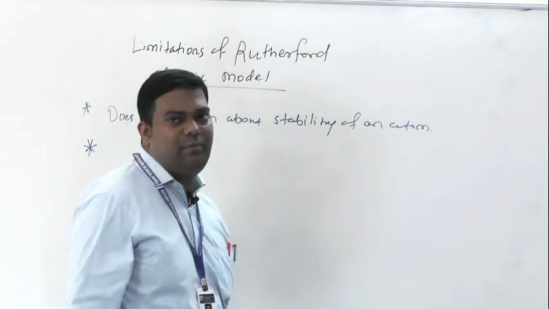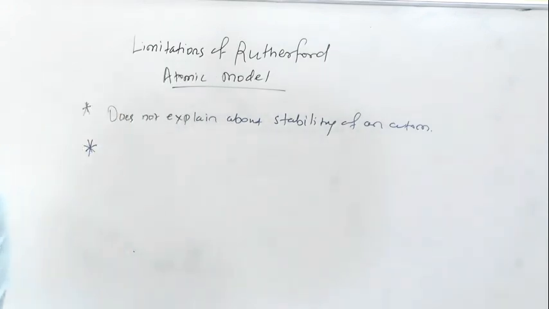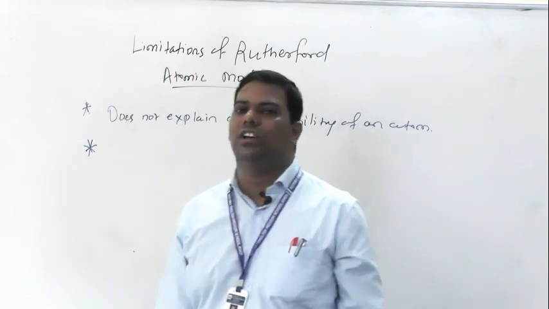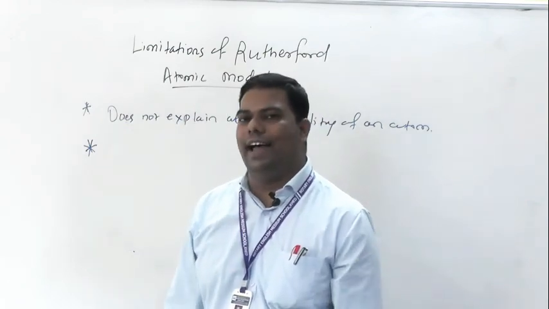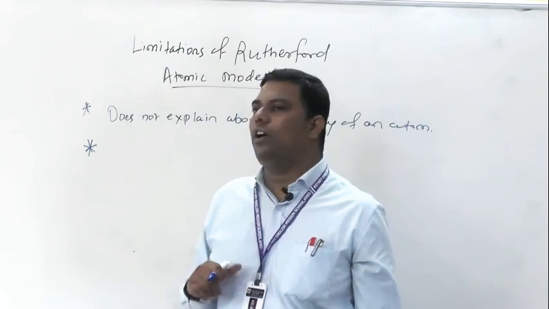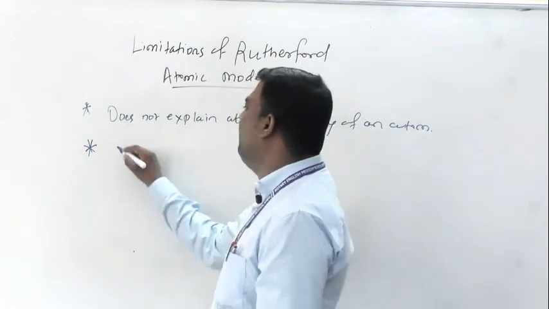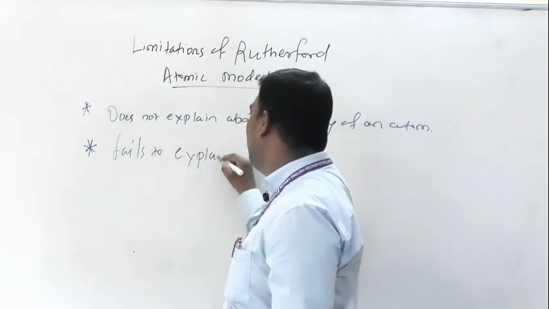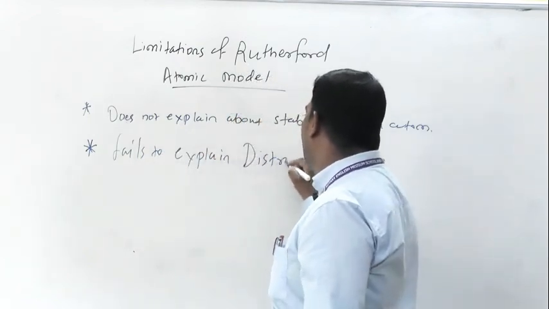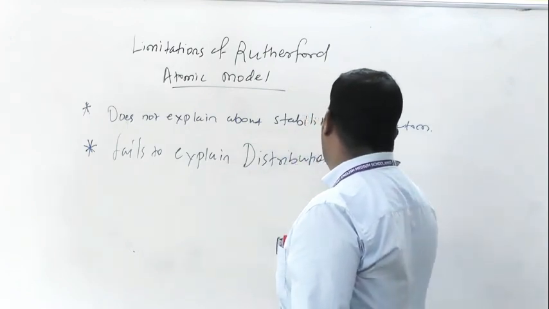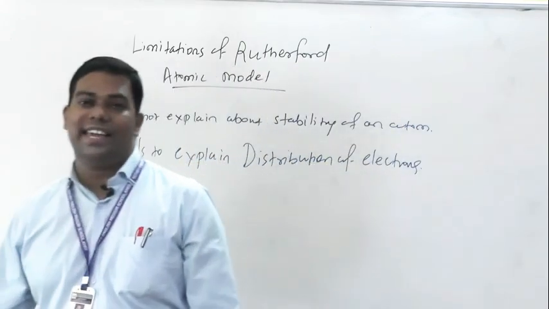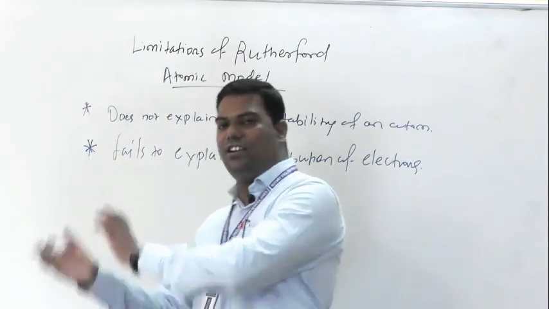The second important limitation is that it does not explain in which shells the electrons are revolving, that is, how the electrons are distributed in the extranuclear portion. Rutherford's atomic model fails to explain the distribution of electrons, such as the K shell, which was discovered afterwards.